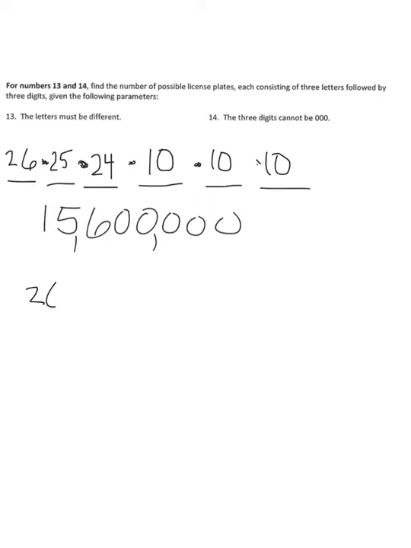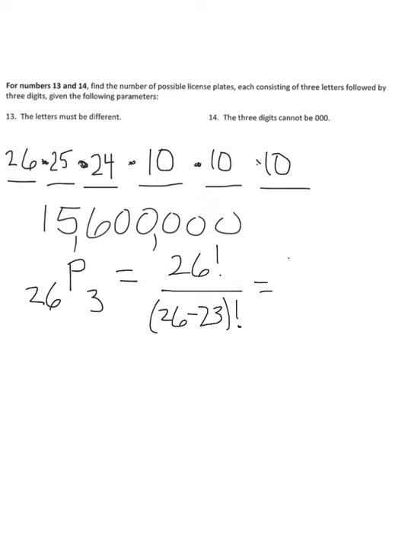So N would be our 26, N, P, and then our R is the number of selections we're making, which is 3. And we do that calculation by doing 26 factorial over 26 minus 3 factorial. And of course, I'm just trying to explicitly show you how these calculations work out.